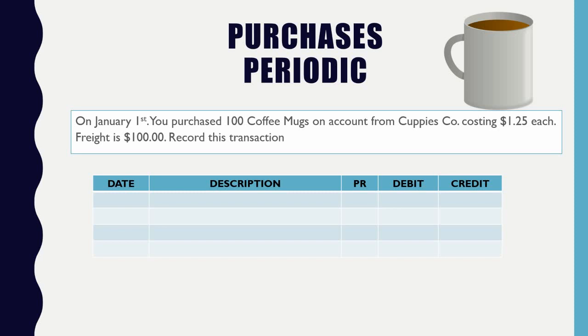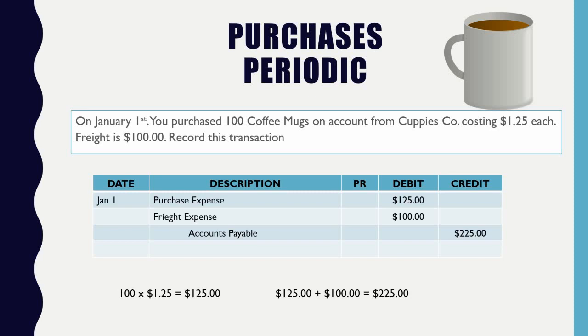Okay, so how am I going to recognize this purchase of periodic inventory? Would it be a purchase expense? Yes, correct. $125. Correct. And then a freight expense for $100. Correct. Good.